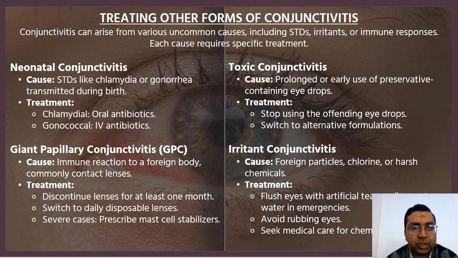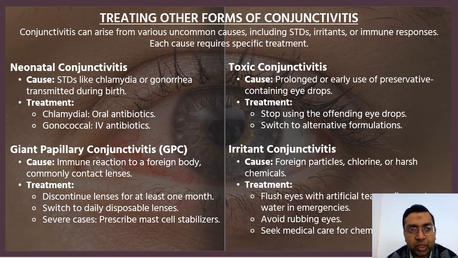And then giant papillary conjunctivitis, an immune reaction to a foreign body, commonly a contact lens. Many times we use contact lenses, so sometimes our body senses the contact lens as a foreign body, and in response our immune system tries to identify it as a foreign substance and initiates an immune reaction, like stimulation of T and B cells, and that may cause an allergic reaction.